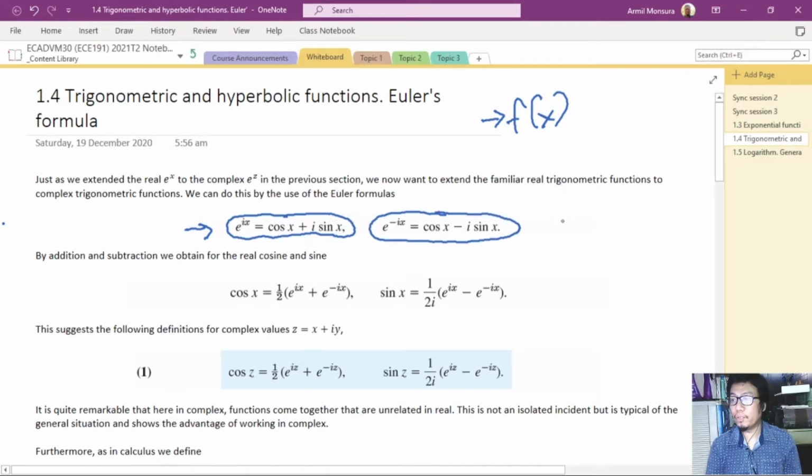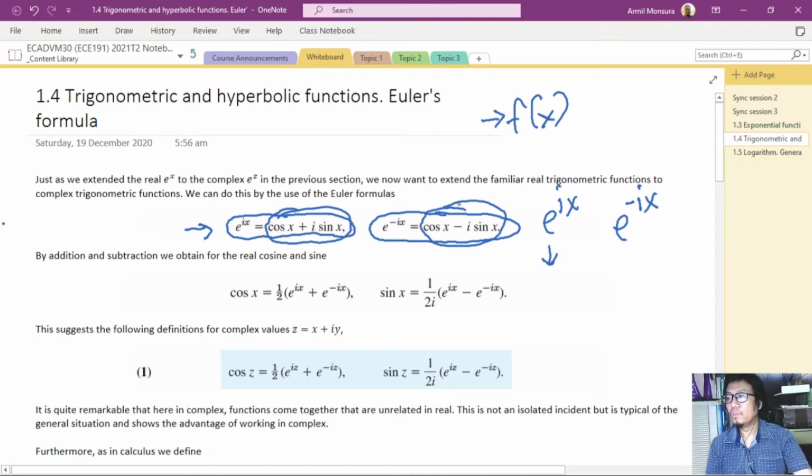Remember that e raised to ix and e raised to negative ix are conjugates of each other, and so their polar forms are also conjugates.